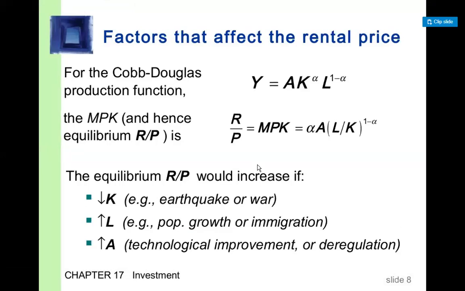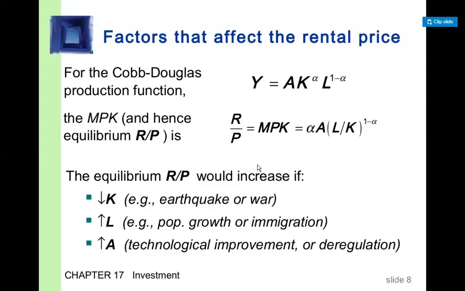So this model we will explain with the Cobb-Douglas production function. With the Cobb-Douglas production function, we will discuss this model in detail. And what is the Cobb-Douglas production function?